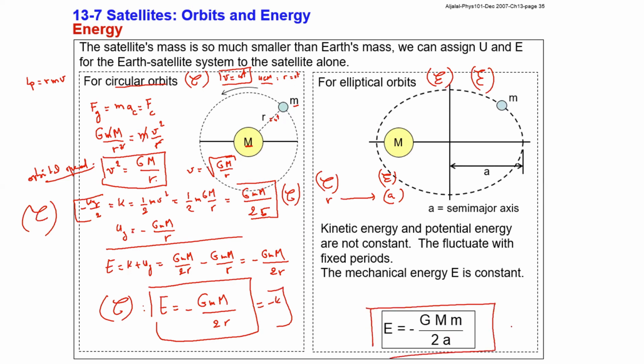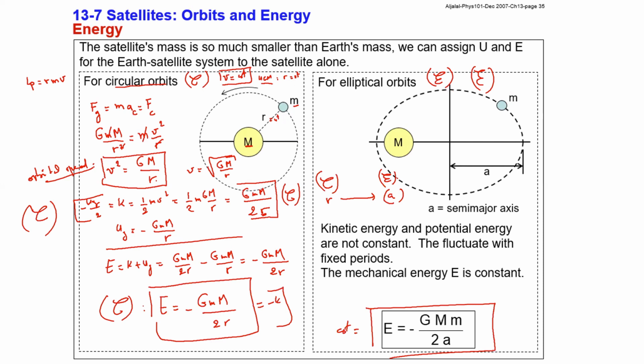And this is constant. The mechanical energy is constant. Now, do you remember why the mechanical energy is constant? Because I don't have an atmosphere. This planet or satellite roaming around in this elliptical orbit does not face air resistance.